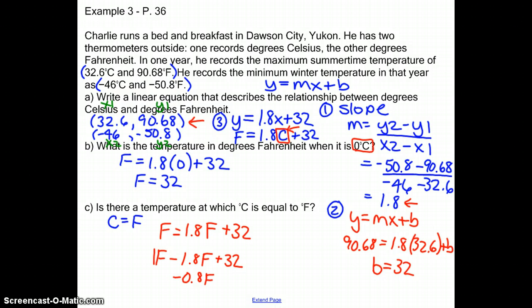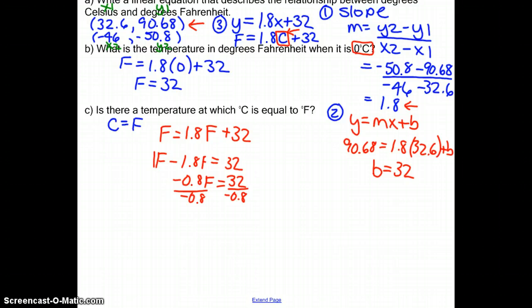Oh, and that's not a plus 32, sorry, that's equals 32. F equals 32 divided by negative 0.8. And you should end up with F equals negative 40. So it's at negative 40 that both your Celsius and your Fahrenheit are the same temperature.